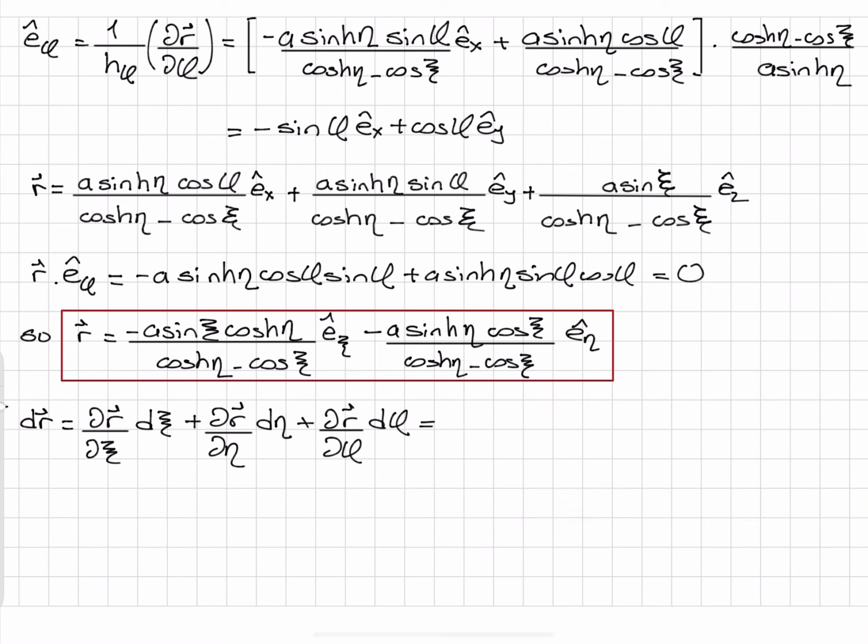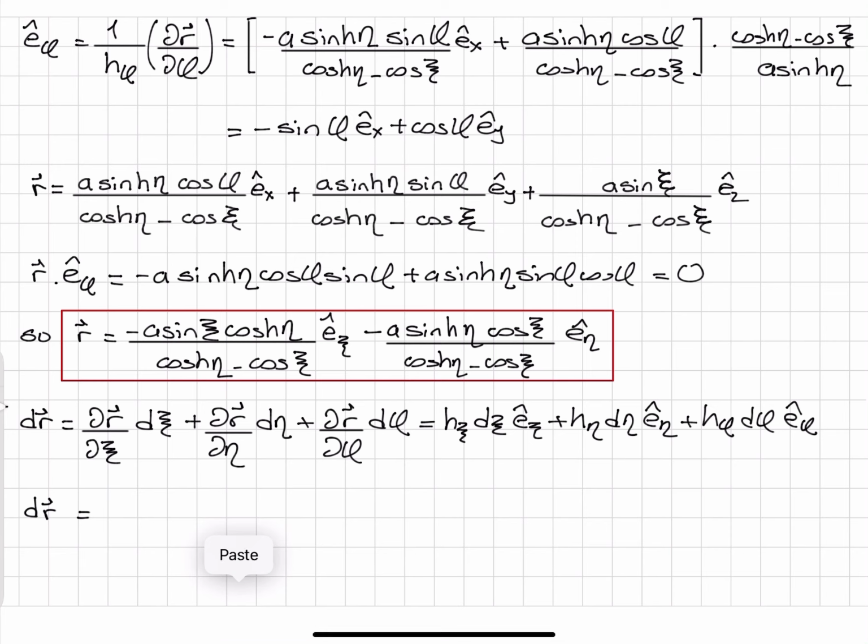This is basically the scale factor h psi d psi e psi hat plus h eta d eta e eta hat plus h phi d phi in the e phi hat direction. So we can write this differential displacement dr.